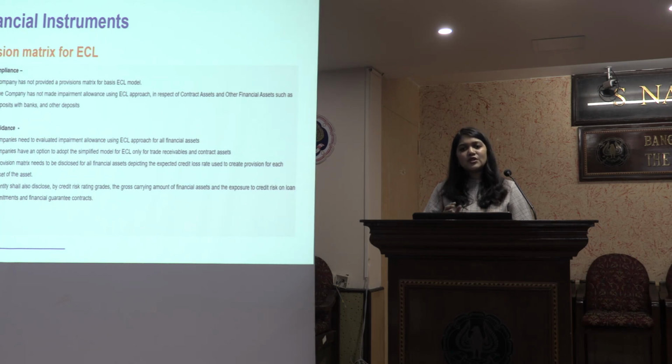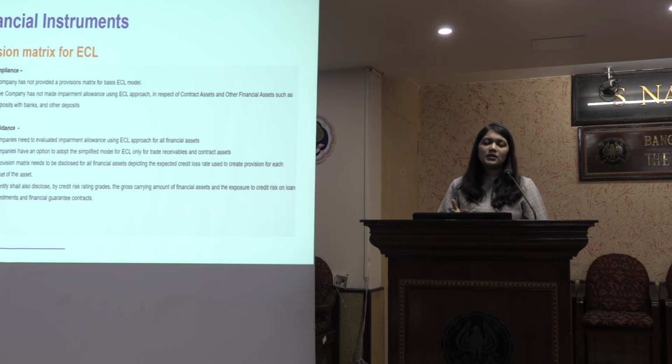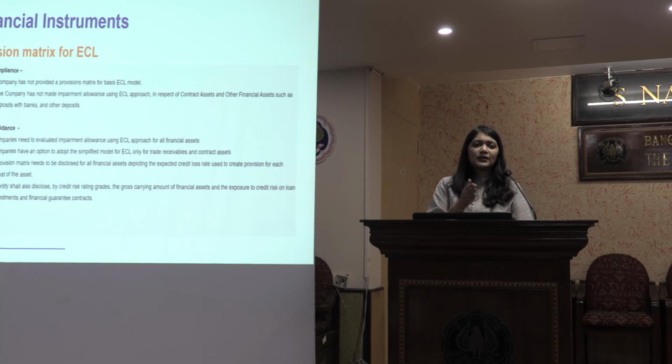For trade receivables where we are creating a provision, generally we analyze the aging of these trade receivables over a period of 4 years, 5 years, whatever is available with the company, and on that basis we come up with the provision matrix, that is, what percentage of ECL should be applied on each bucket. Whatever methodology you are using to actually create the provision should be disclosed as part of the financial statements.